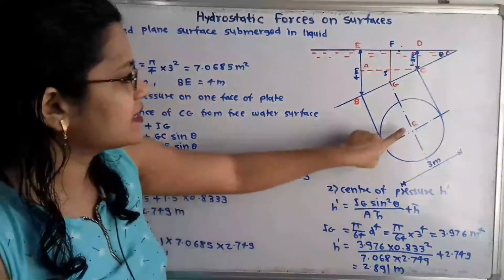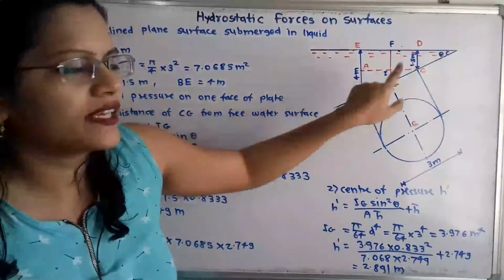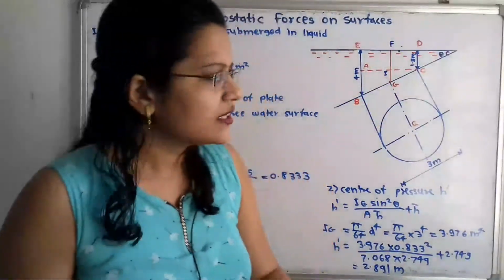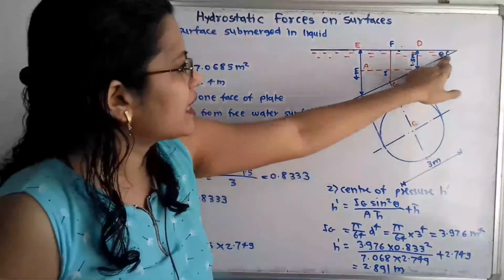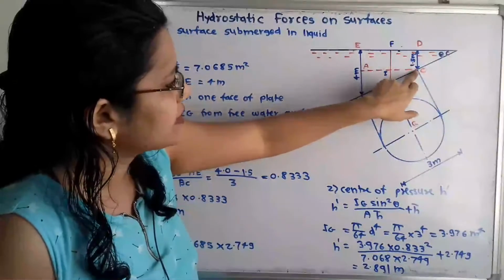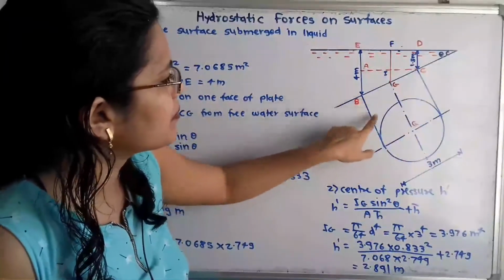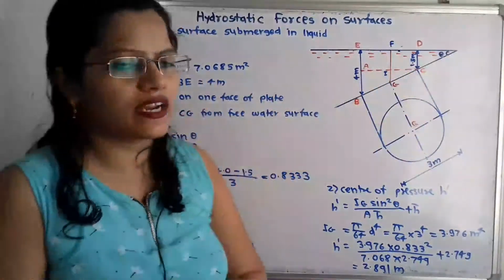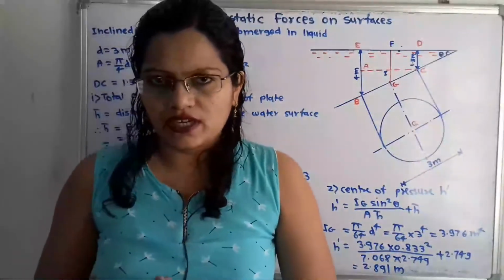We can extend this point G. Now this view, the circular plate, is perpendicular to this inclined line. So all these lines passing through point C, point G and point B are perpendicular to this inclined line. This is the construction as per the given data.